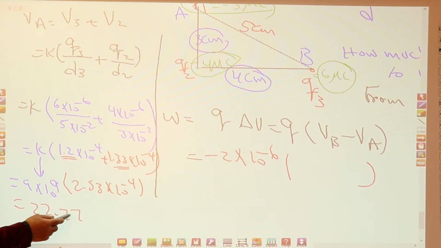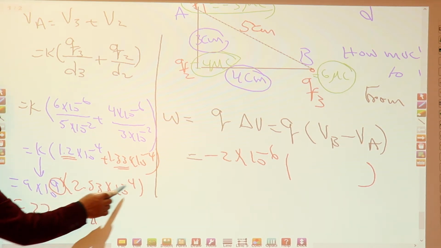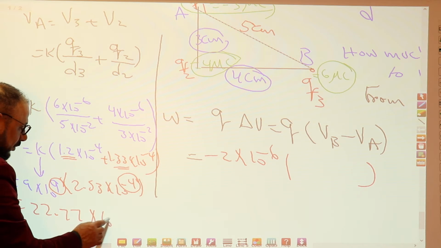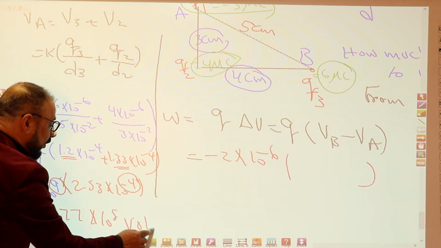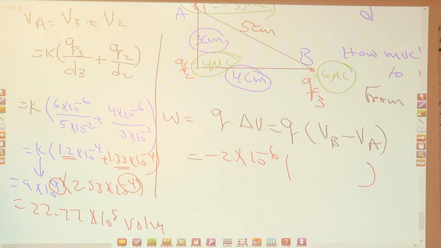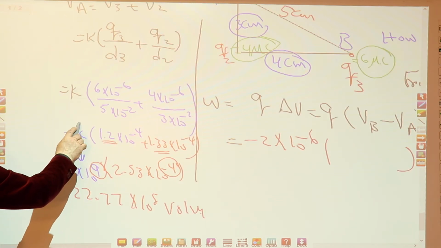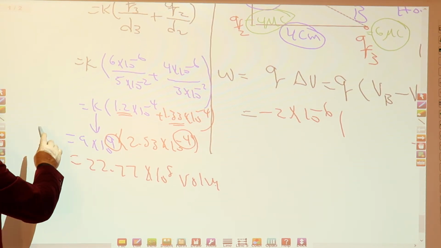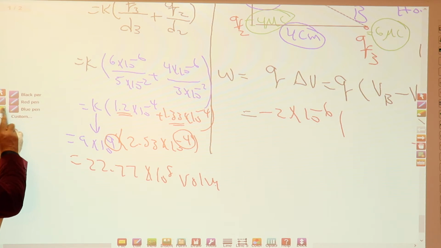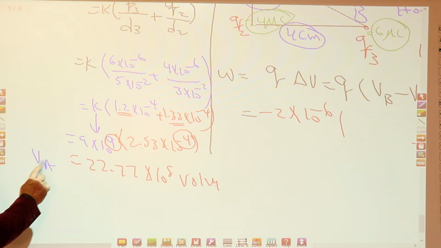I like to round to the hundredth, and with the 9 and negative 4, that is 10 to the 5 volt. Now I have the two voltages, VB and VA. This is VA.